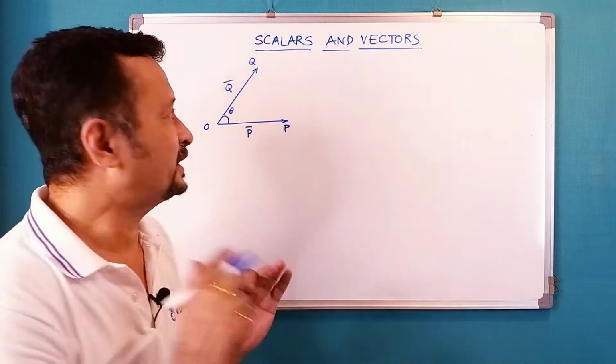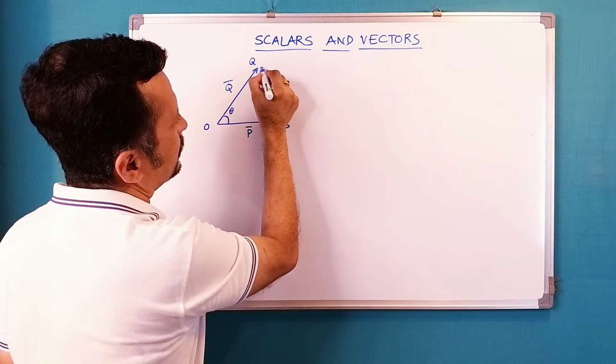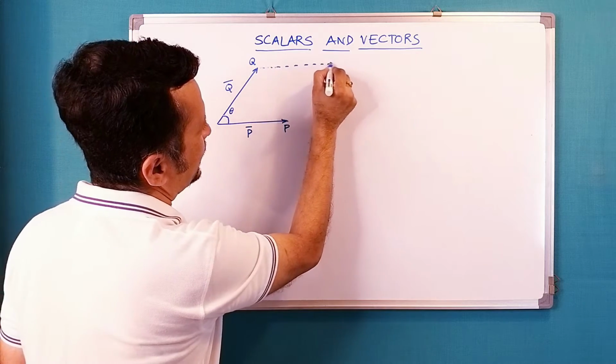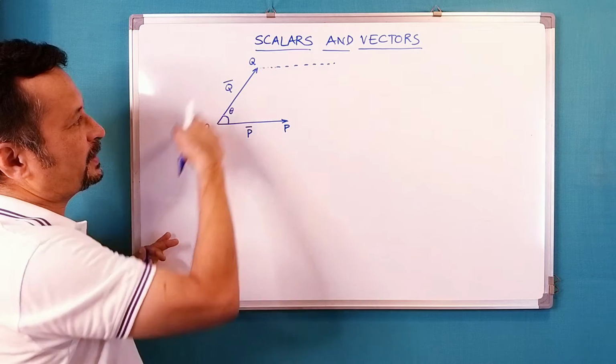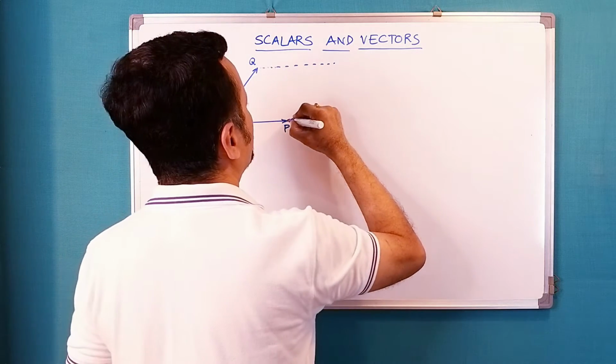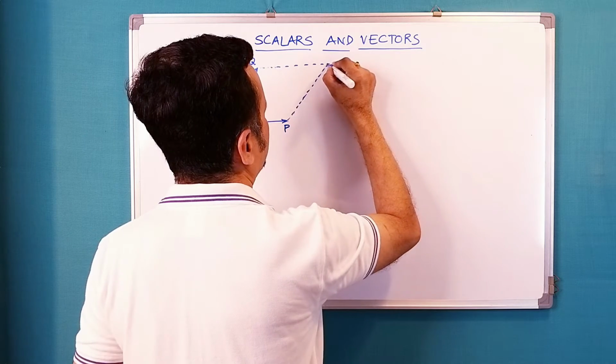I'll draw a line parallel to OP here, maybe something like this, and another line starting from point P, and it will be parallel to OQ. So the second line would be like this here.